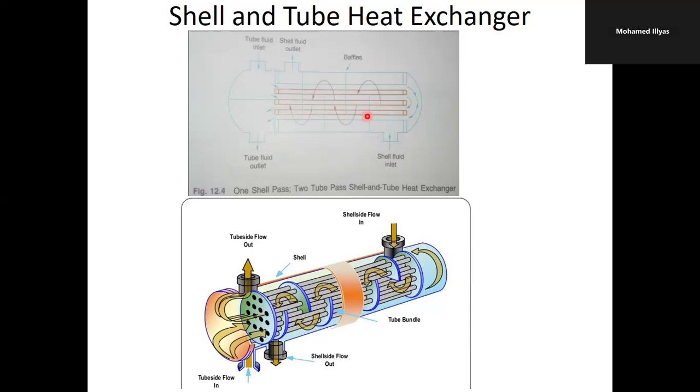Besides, it will occupy relatively less area compared to the double pipe heat exchanger. So with less space, it can give a relatively higher heat transfer rate.